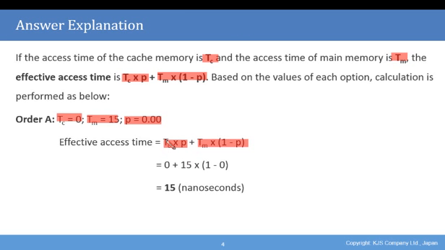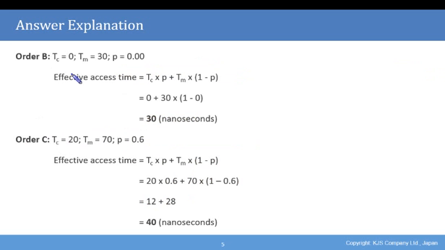As the cache access time is 0, in this case, we just simply have all access to main memory. This means it's going to take 15 nanoseconds per try to access, so 15 times 1. So the effective access time is 15 nanoseconds, i.e. directly equal to the time to access the main memory.